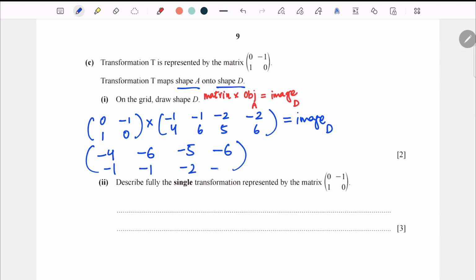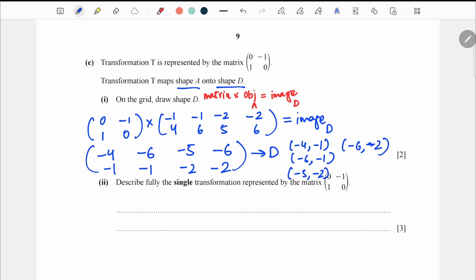And then -2 and -2. So this will be the coordinates for D. It can also be written as -4, -1, -6, -1, -5, -2, and -6, -2.